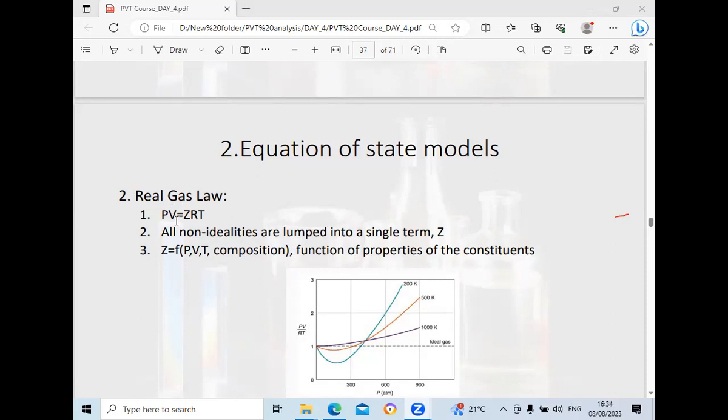So the further this value is away from 1, the further that fluid is deviating from the ideal situation. If I have a value of 0.9, it means it is closer to the ideal situation. But if I have a value of 0.6, for example, it means that the fluid is behaving very far away from the ideal behavior of that particular fluid.